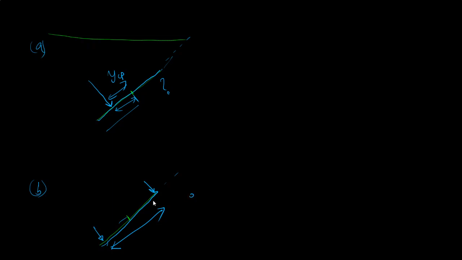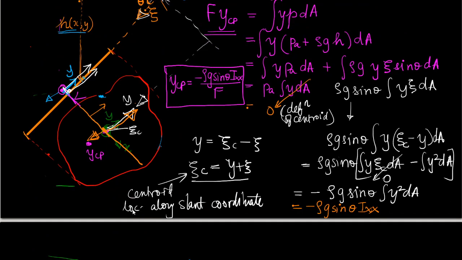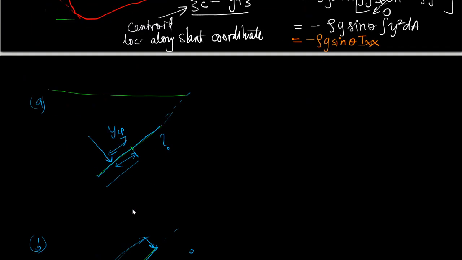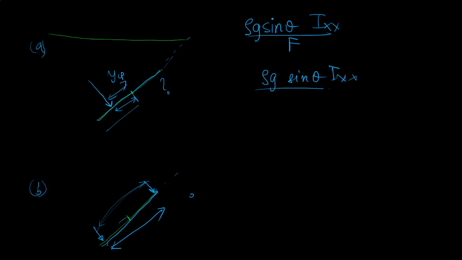Let us go to the expression: rho g sin theta Ixx upon F. So what was F? F was Pa plus rho g h of centroid times area.